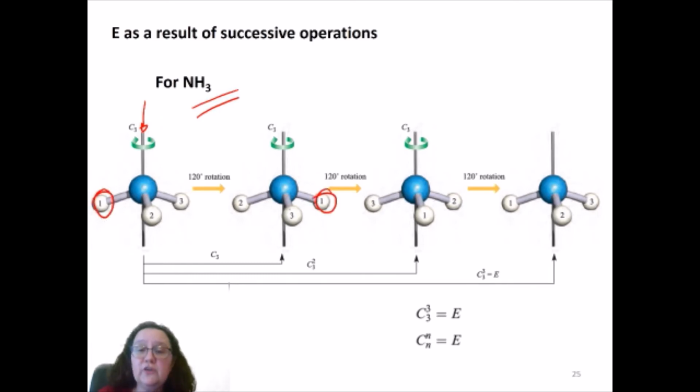We do another 120-degree rotation, and your hydrogen atom falls here. And then another one will put back the hydrogen atom where it was. And so 3 C3 rotations will produce the identity operator, will bring the molecule back to the original configuration.